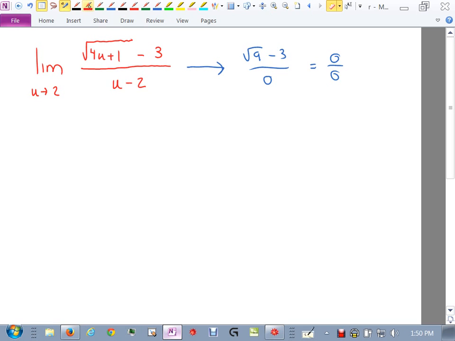All right, so we need something. This is a bad situation. We need some sort of algebra or some sort of trick. What I'm going to do is algebra, but you might consider it a trick, because it's a little tricky. Anytime you are faced with a limit and you're looking at a square root, as we are here, you might want to try to introduce a hidden 1 right here.